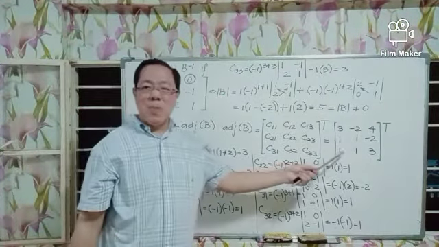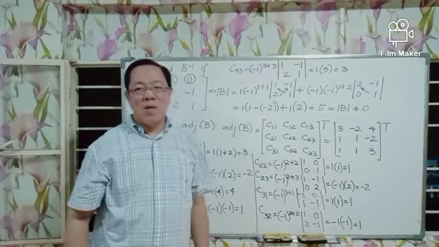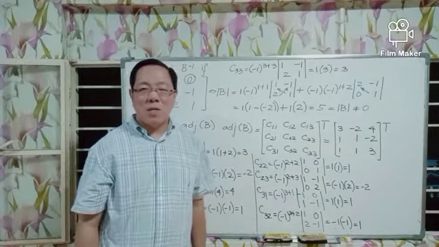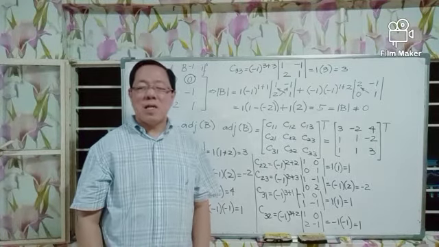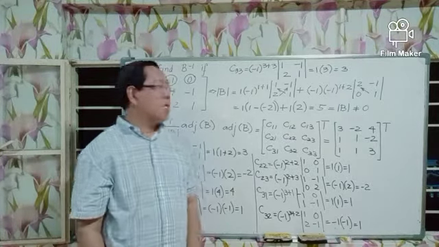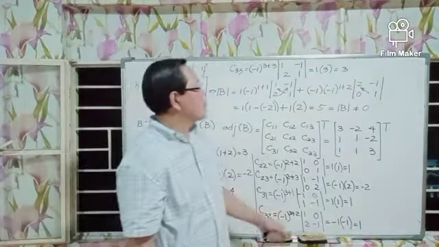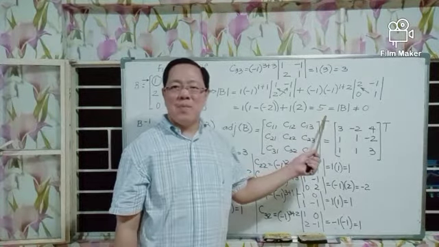We will get the transpose of this matrix and we will multiply each entry of the resulting matrix, which is the adjoint of B, by the reciprocal of the determinant of B, which is equal to positive 5.